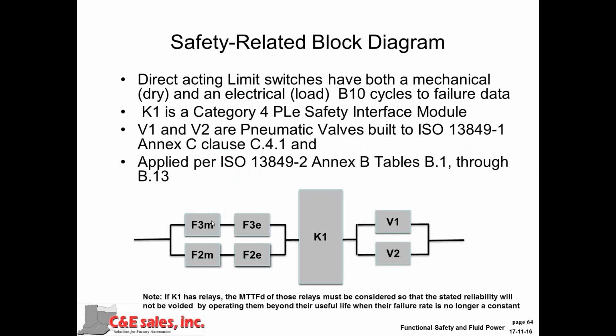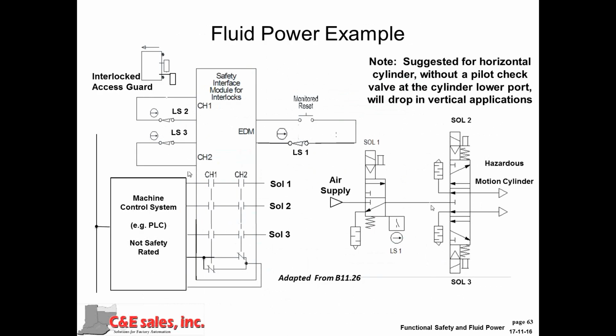Notice here I have both the mechanical failure and the electrical failure, the contact set, as though they were individual components. K1 is a dual channel, or in its particular case, a safety interface module. And notice I have the 2 valves just like we show in the circuit here.